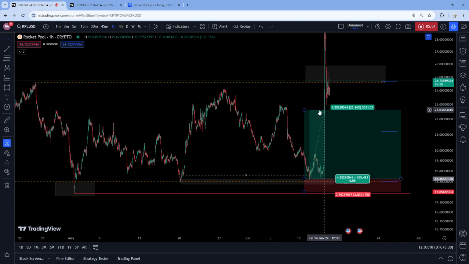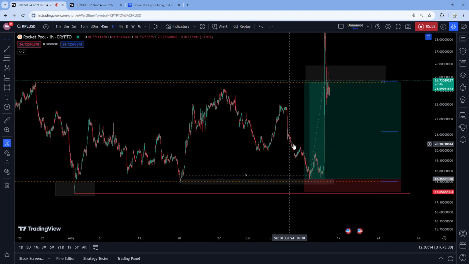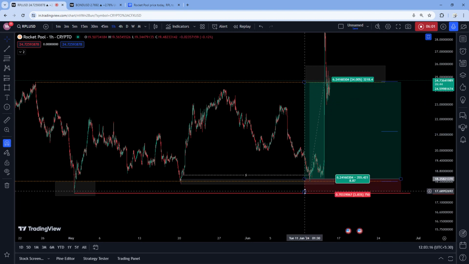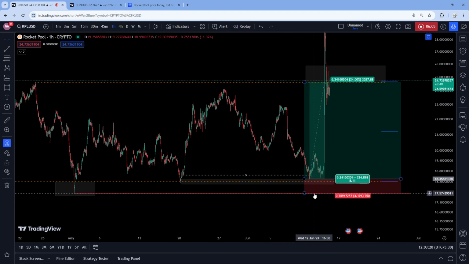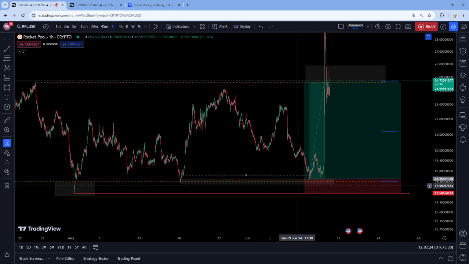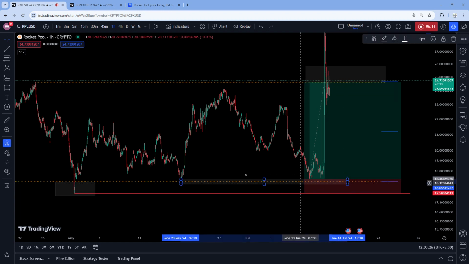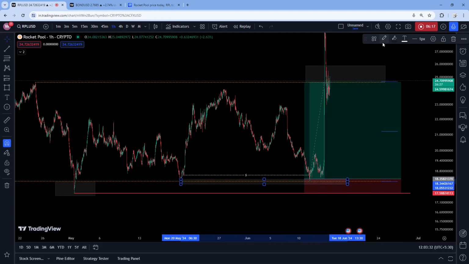For this trade, I had two stops in my mind. The first was a hard stop, and the second one was if the price would hold below the order block. So this was the stop that I punched into the exchange, that I had placed at this low, and if the price would have traded below this, like if we had a 4 hour or 1 hour candle close below this order block.